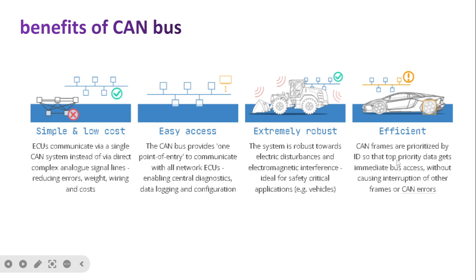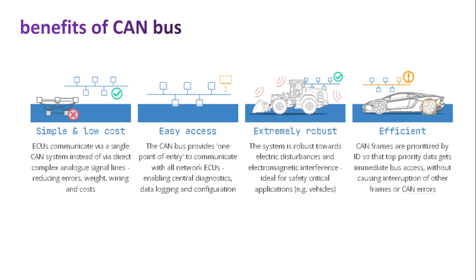CAN frames are prioritized by ID so that top priority data gets immediate bus access. It means CAN frames are prioritized by IDs, meaning every feature has a specific and different ID for identification and communication purposes. Just like in human beings, everyone has a name for identification, right?